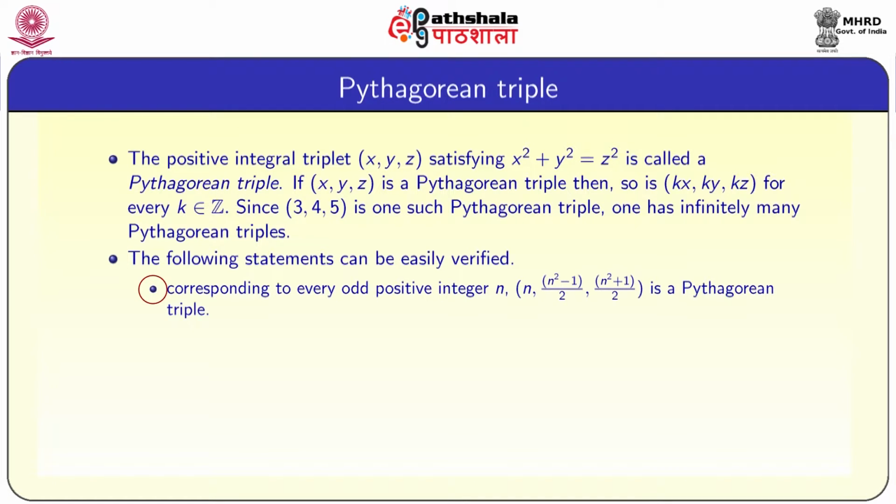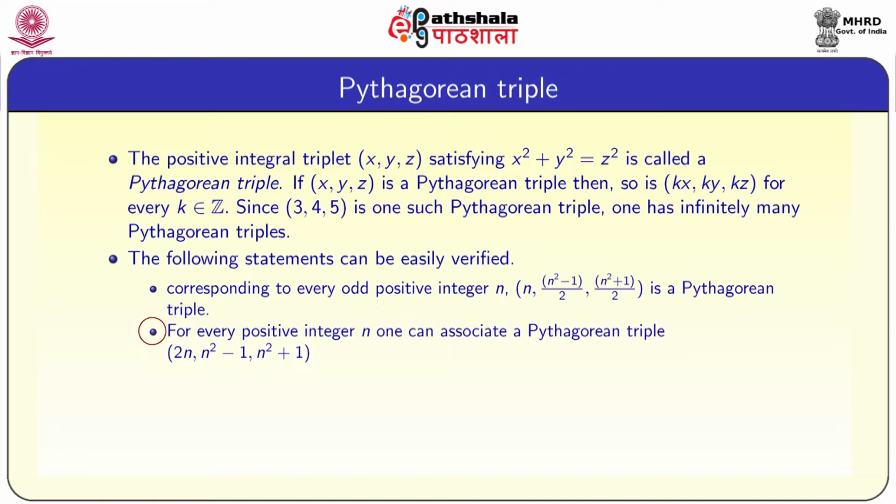Corresponding to every odd positive integer n, (n square minus 1)/2 and (n square plus 1)/2 give a Pythagorean triple along with n. One can check easily by verifying that x square plus y square equal to z square is satisfied by these.